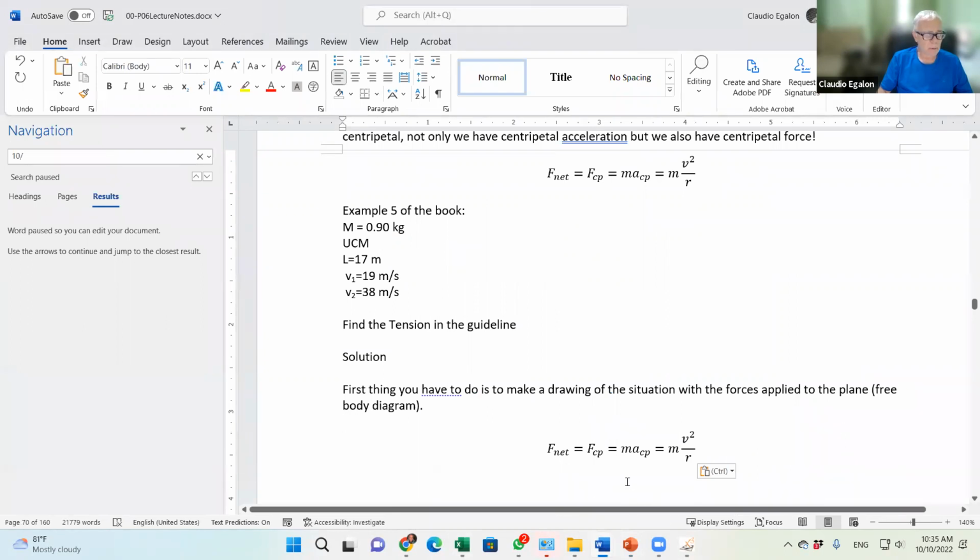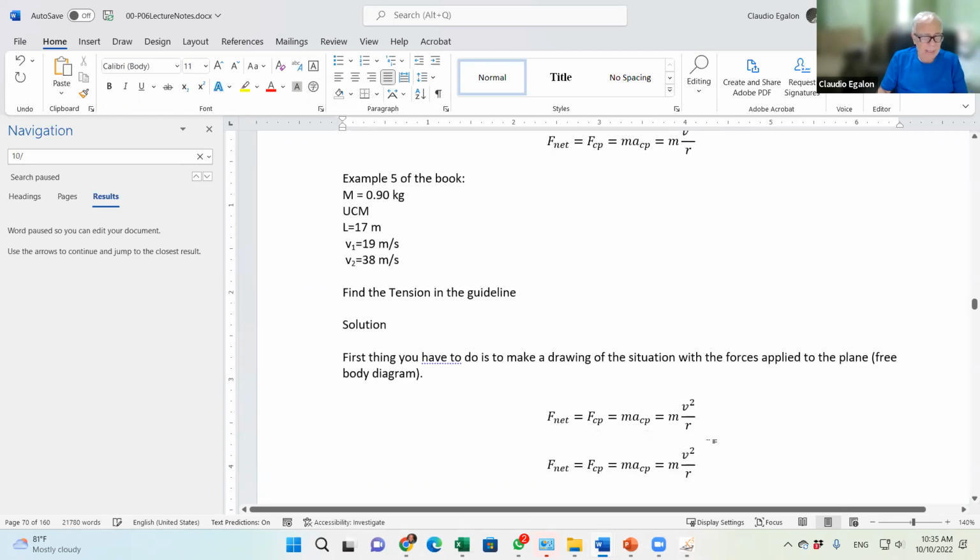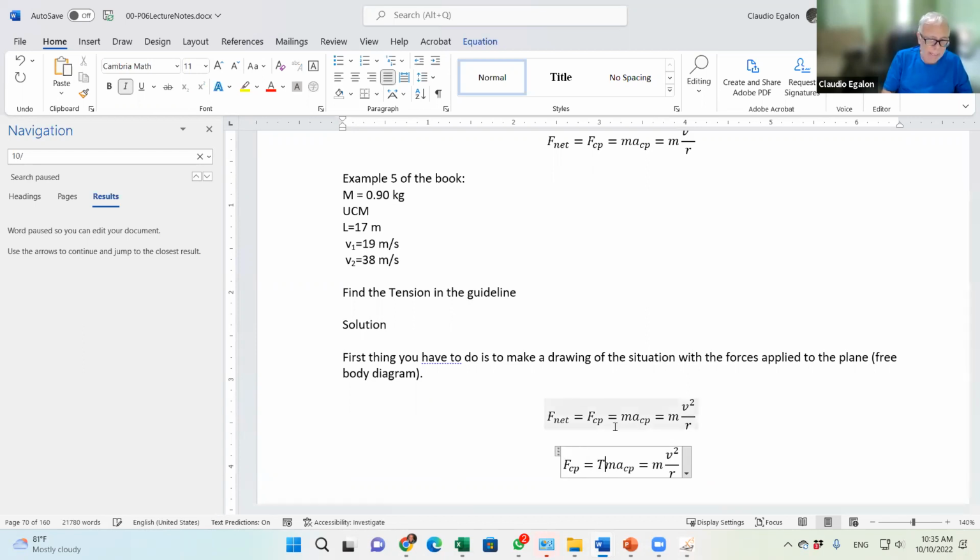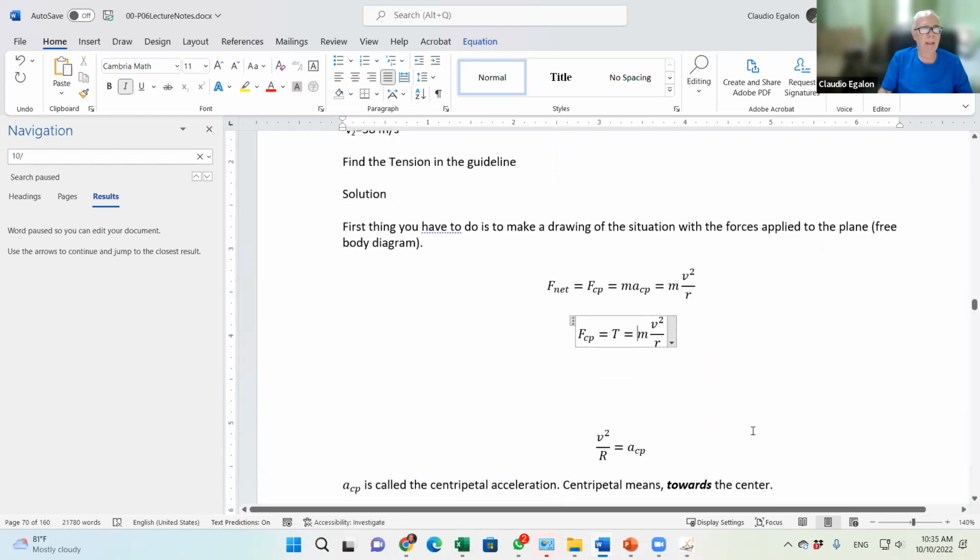Because of uniform circular motion, we have a centripetal acceleration, and because we have a centripetal acceleration, we have a centripetal force as well. But looking carefully at the situation, we recognize that the centripetal force must be equal to the tension in the string or guideline, which is mv squared over r.